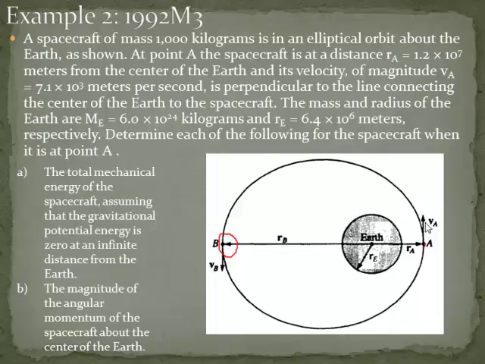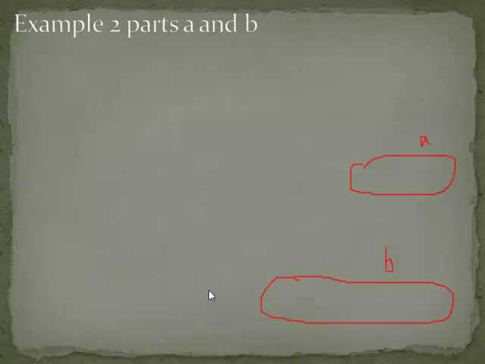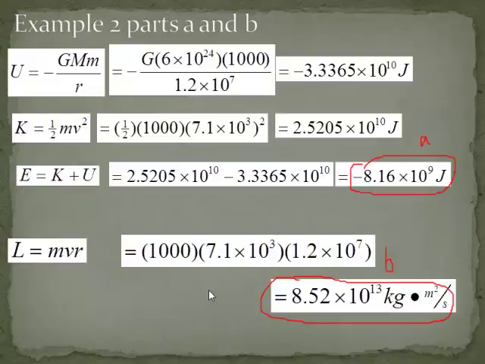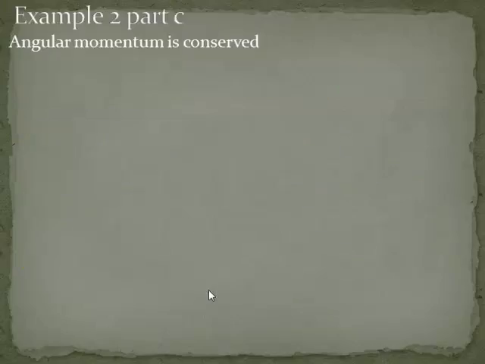We know that the speed here is going to be faster, and over here it's going to be slower, because angular momentum is conserved. So the angular momentum it has at point B at that further distance is going to be equal to the angular momentum it had at point A, that closer distance. Now, we already know the angular momentum at point A because we were asked to solve for it in a previous part of this problem.